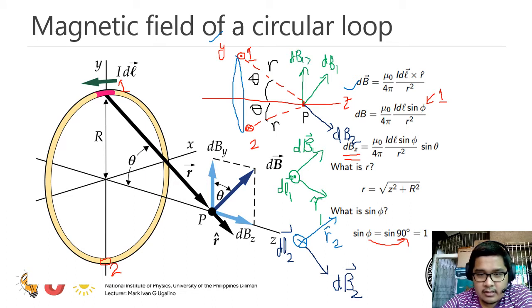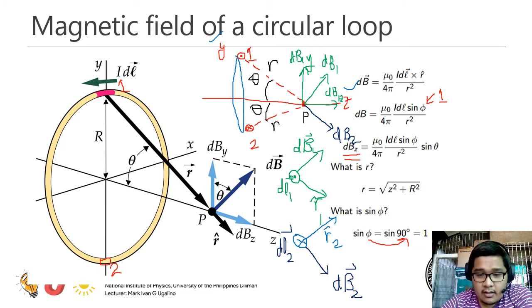You have here a dB1y and a dB1z, where dB1y and dB1z are the components of the vector dB1 along the y and z direction.